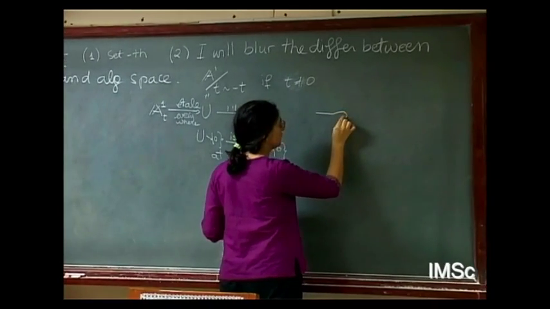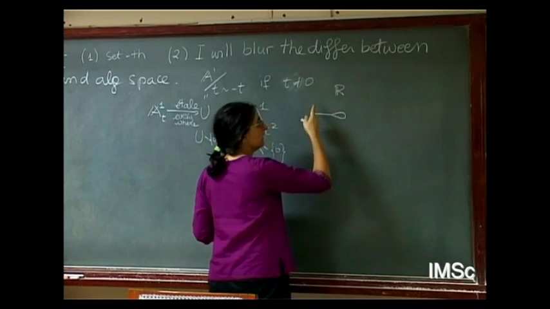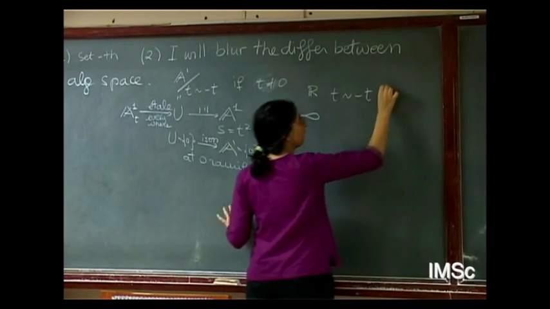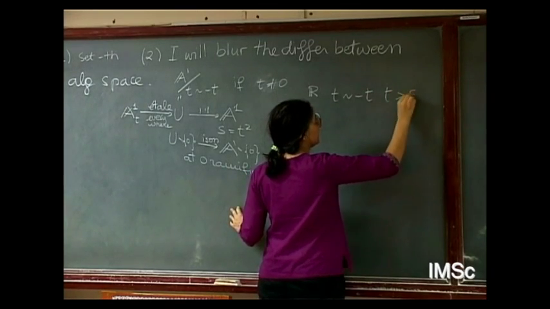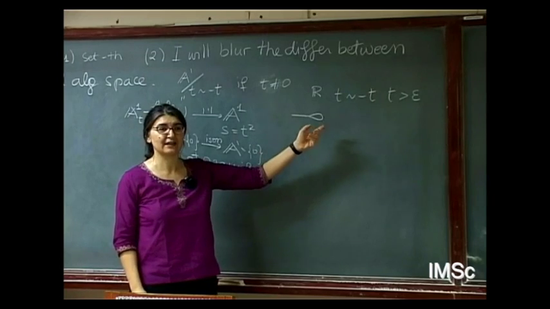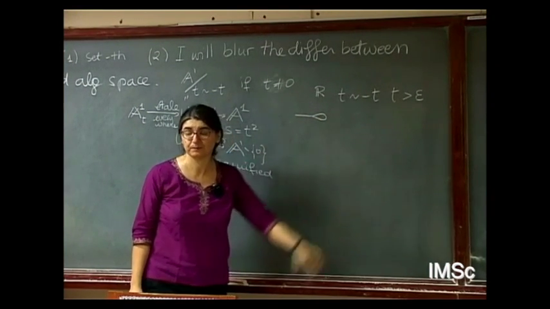So what you should think is assume you are over the reals and you glue t is equivalent to minus t for t, say, bigger than epsilon, and then you get something like this. And then you take the limit as epsilon goes to 0.